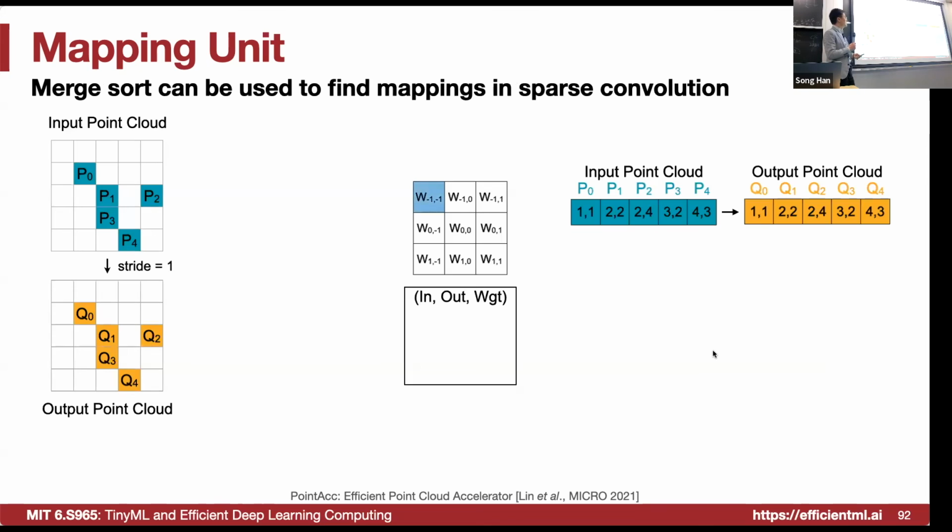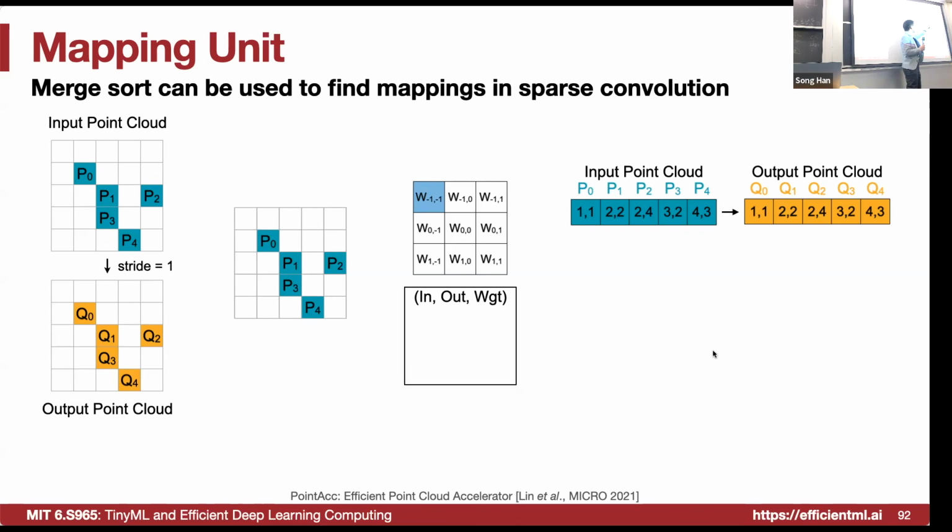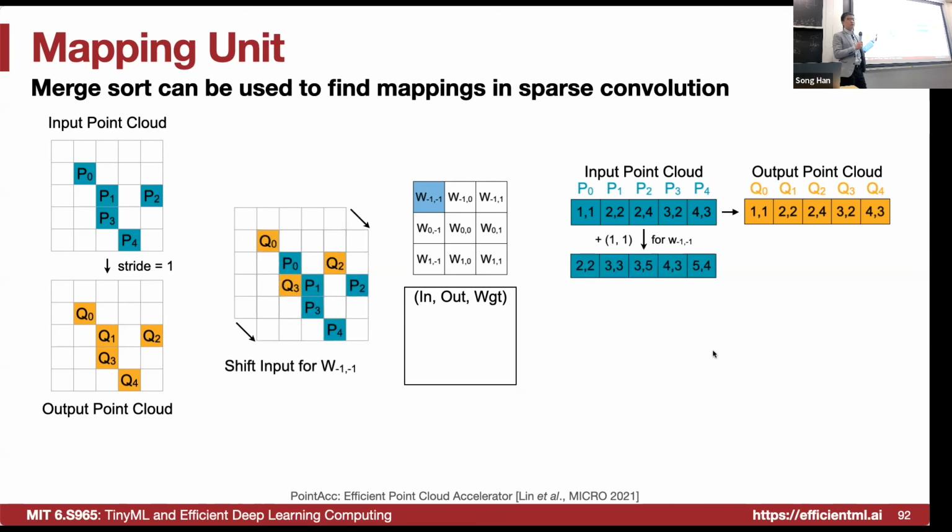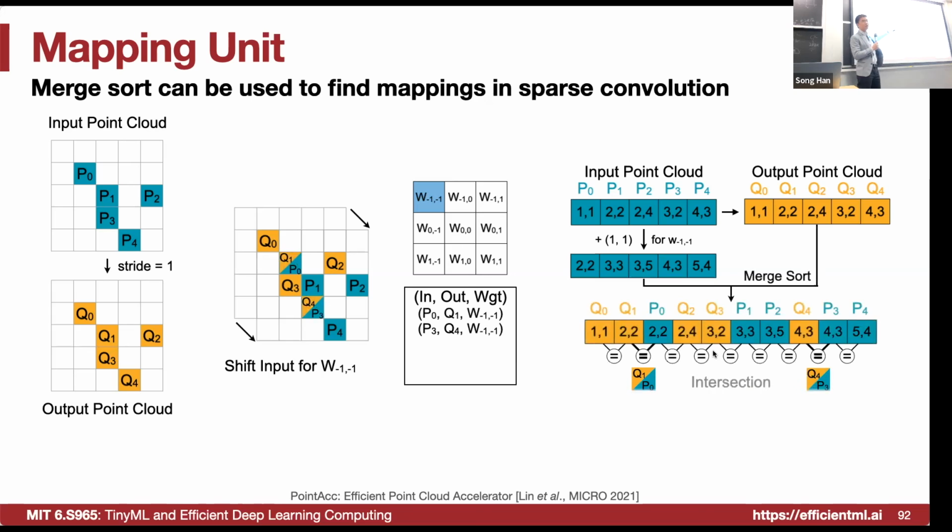For example, to find the kernel mapping for W-1, we first lay out the matrices together: exactly the same coordinates for the input point cloud and output point cloud. Then we shift it toward +1, which exactly negates this -1. After the shift, we calculate the intersection, the common non-zeros.